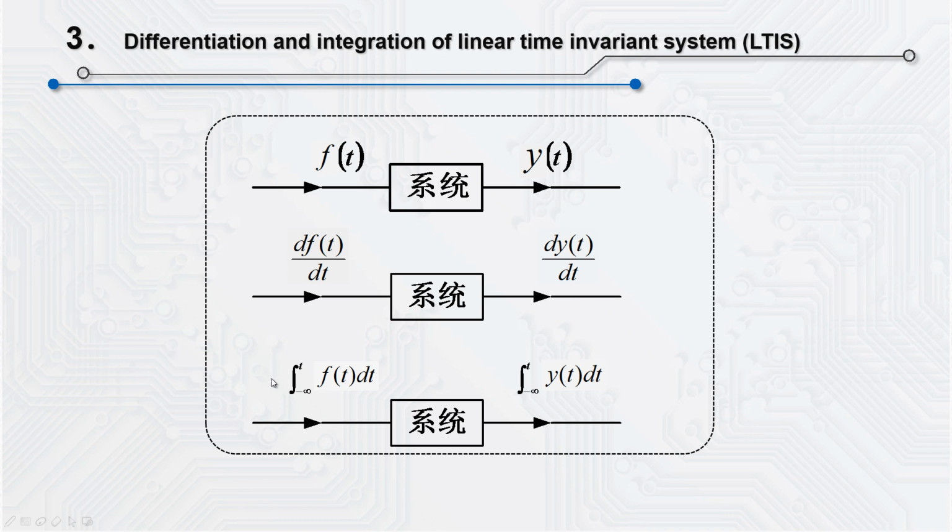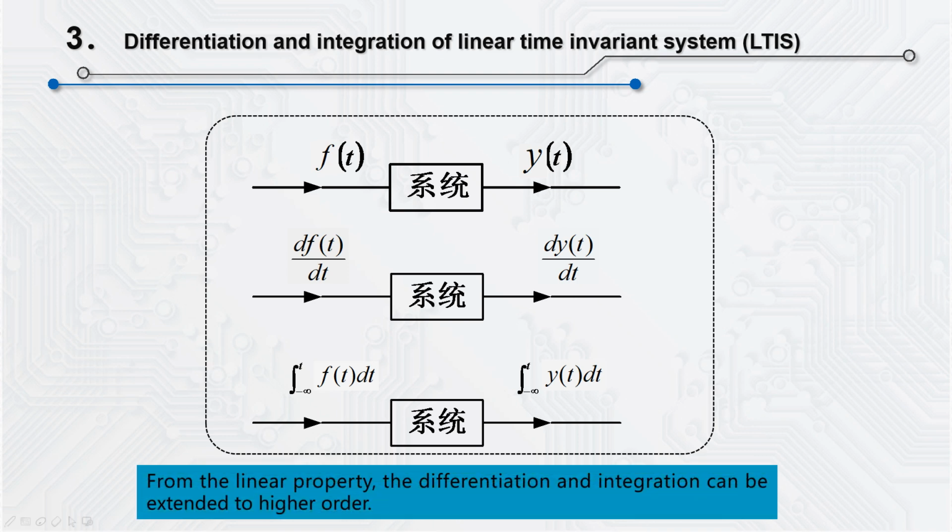Of course, if we integrate the signal f(t), then put the result into the system, you can also find the output of the system also does the integral operation. It can be proved by the linear property. Such differentiation and integration can be extended to higher order.